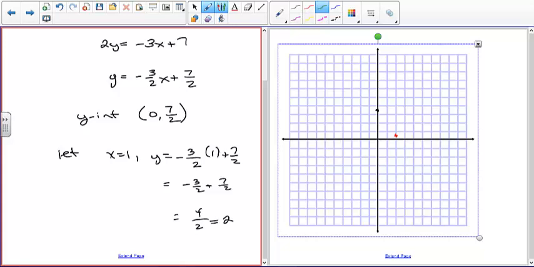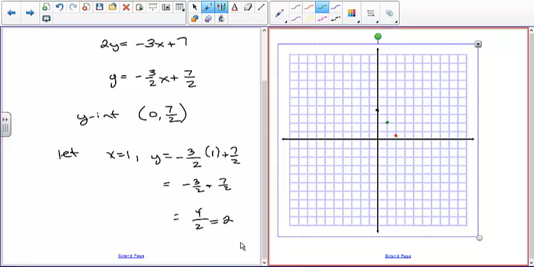So another point that's the intersection of these two would be x equals 1, y equals 2, which would be right here. And you can see it fits right in there. And then from that point, you could take a slope of negative 3 halves. So you go negative 3, 1, 2, 3, positive 2. So you see all these line up. So there's multiple ways of getting that.